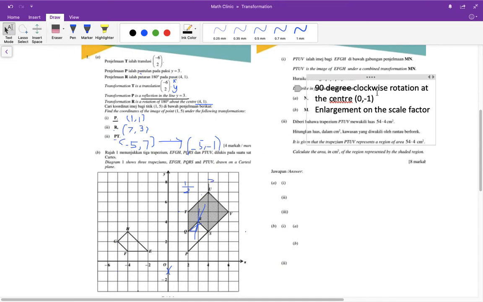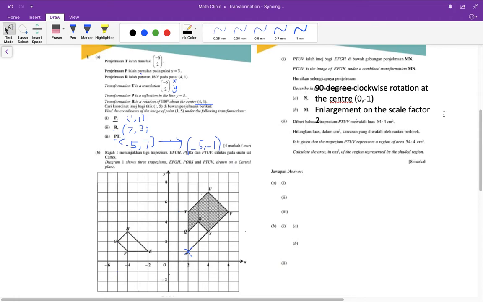So the scale factor is 2. Just now I mentioned all the lines accumulate in this one, so all accumulate here. So I just mark it out. It's over here, the enlargement center.